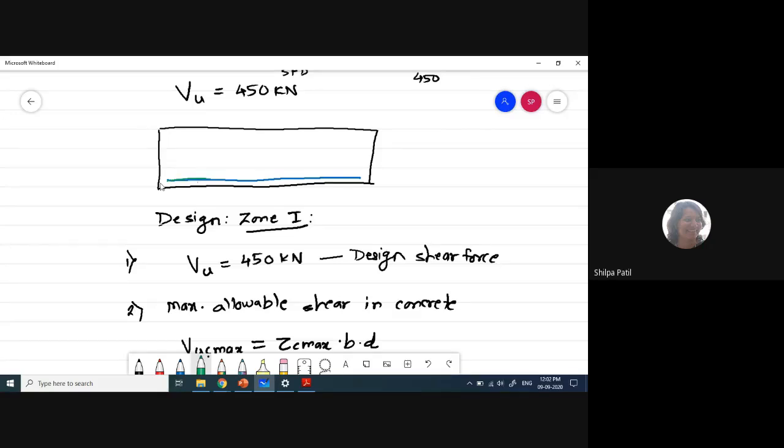So I will repeat the line here, but the second bar is bent. So the bent up bars look like this. Some portion of the bar is bent and it is provided in the compression zone. So if I want to draw the diagram again, the bent up bar will be like this.